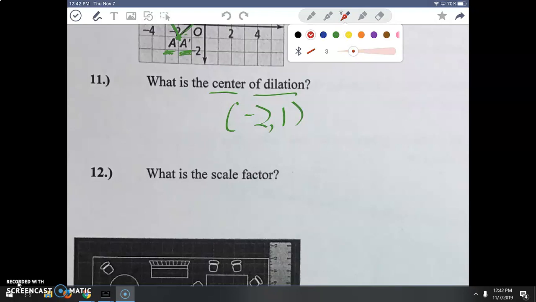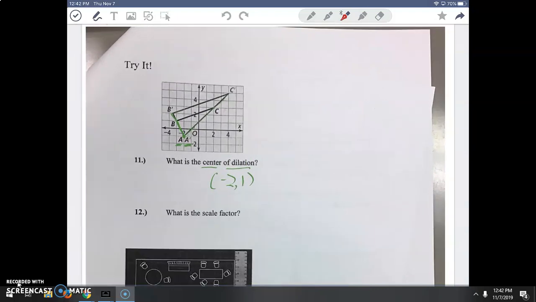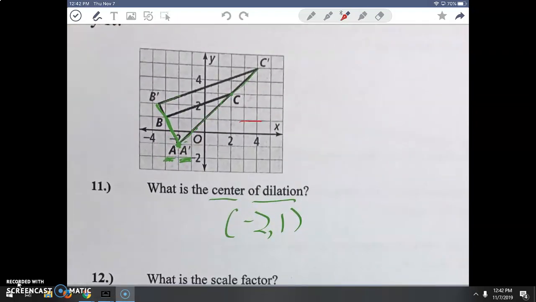Normally in the last one it's easy because we had straight lines. We don't have straight lines in this problem. We don't have anything that goes straight on the coordinates. So finding the scale factor of this is difficult because we have diagonal lines.